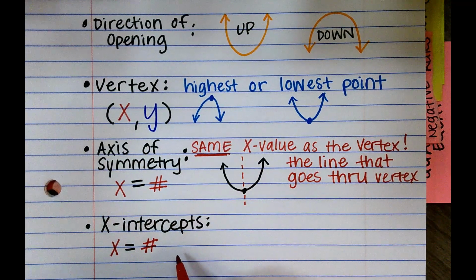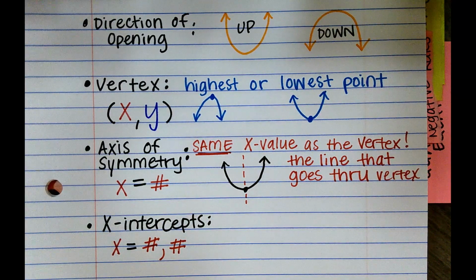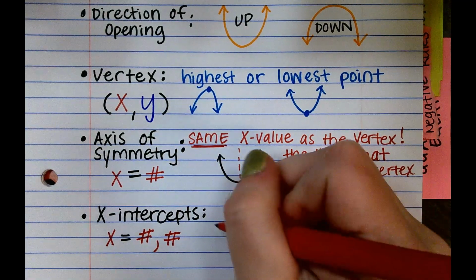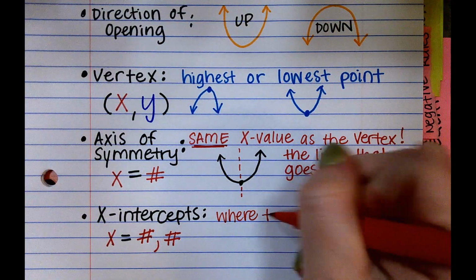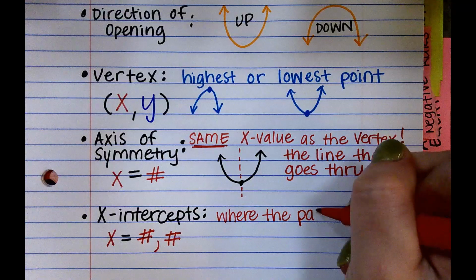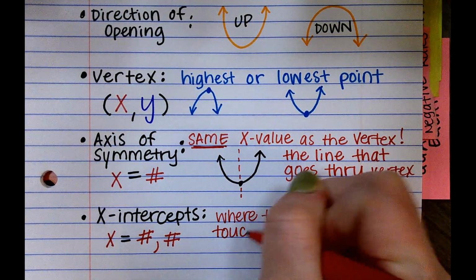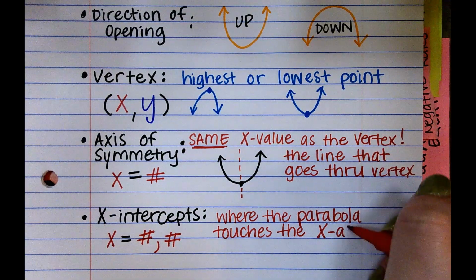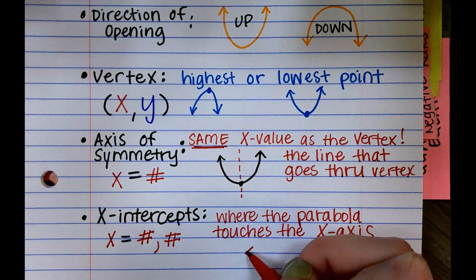Sometimes it's two numbers. Sometimes there's no number. You're going to see these examples when we go through the worksheet. Right now, we're just getting the concepts down. So I'm going to write where the parabola touches the x-axis. And the x-axis is the one that goes from left to right.